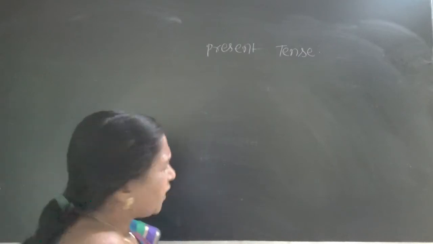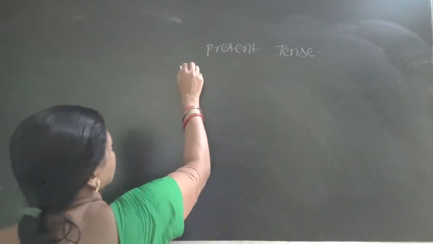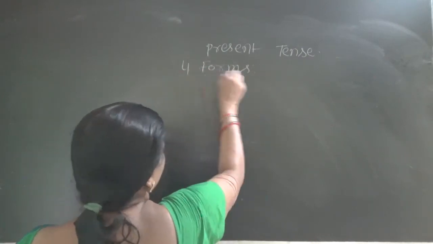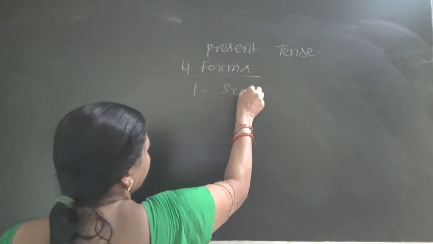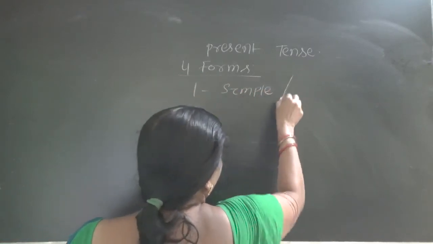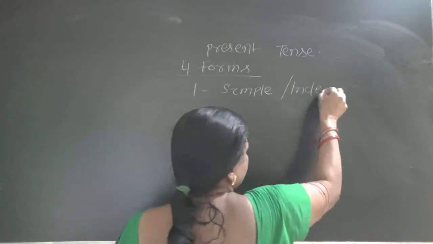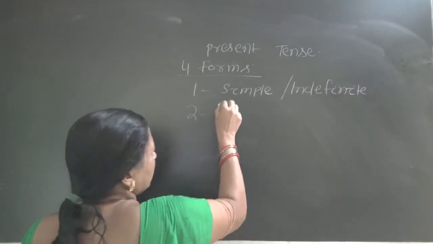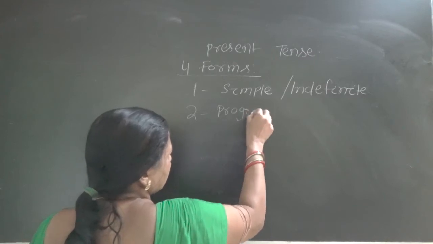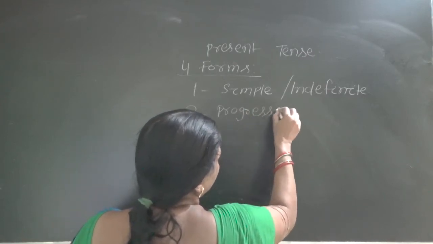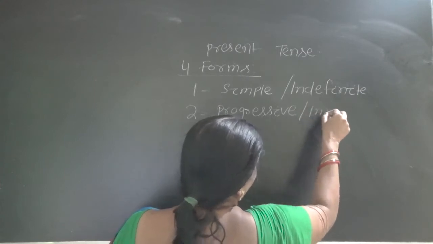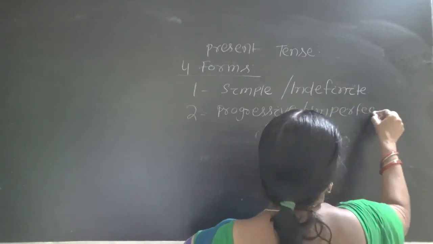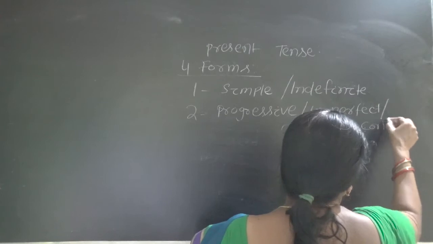Forms. Each tense is subdivided into four parts. First, simple, or it is also known as indefinite. The second one is progressive, or imperfect, or continuous.